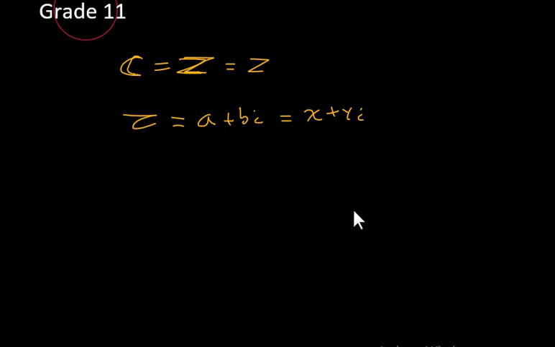So in this case, we have two parts: the real part of the complex number, and the imaginary part.